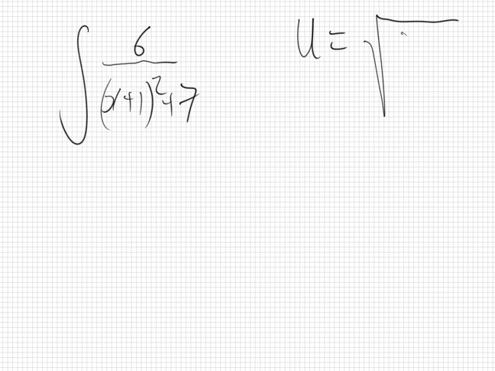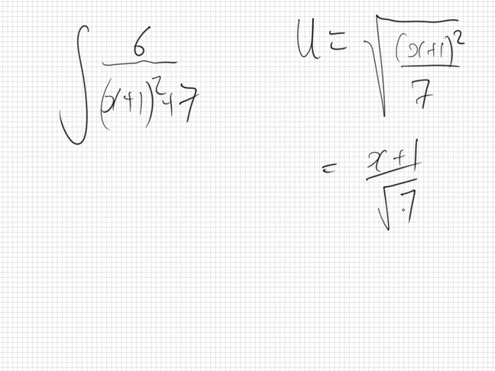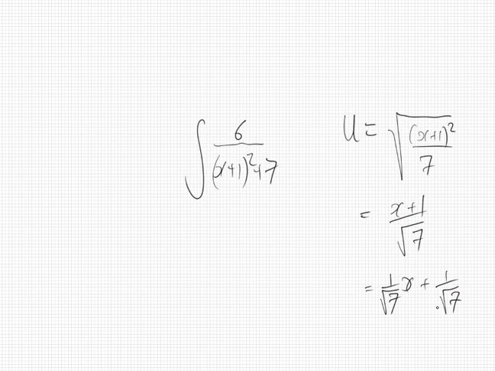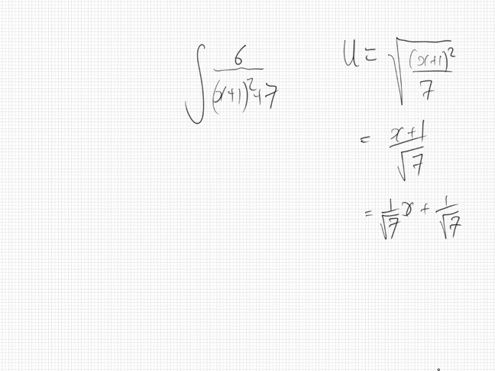Square root x plus 1 squared over 7, which will end up equaling x plus 1 over root 7, which is 1 over root 7 x plus 1 over root 7. So what does du dx equal? 1 over root 7.